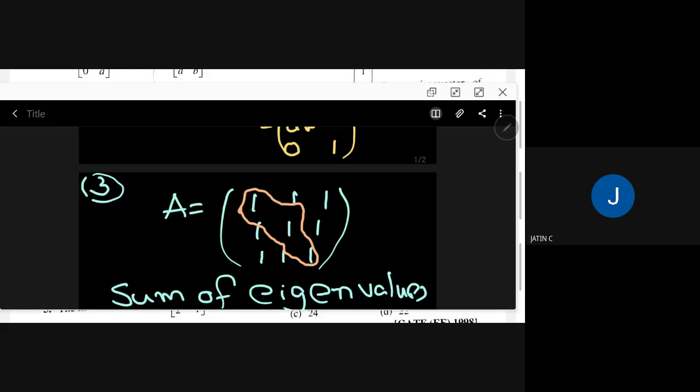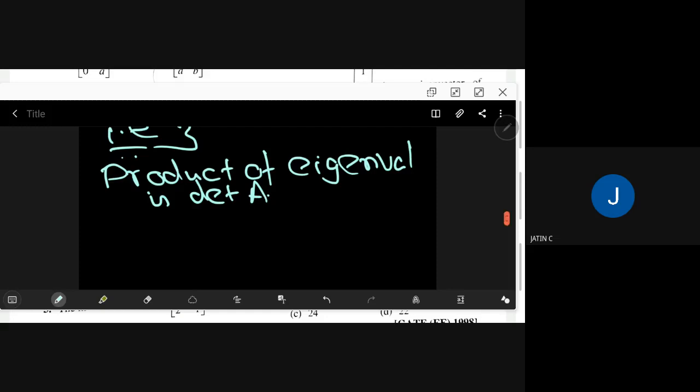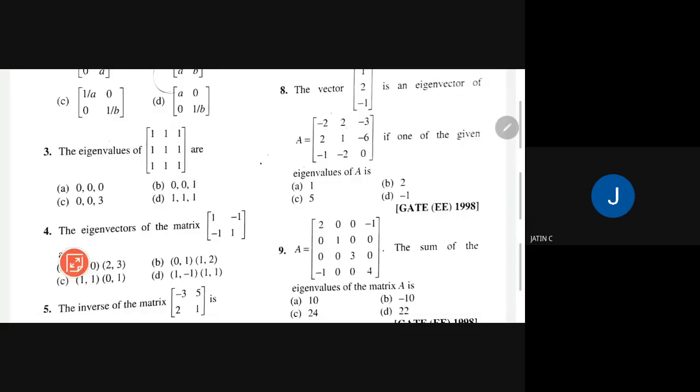So here det A is 0. That is a very important thing. So the product of the eigenvalues is 0. So one cannot have 1, 1, 1 as the eigenvalues. So the correct alternative is C here.